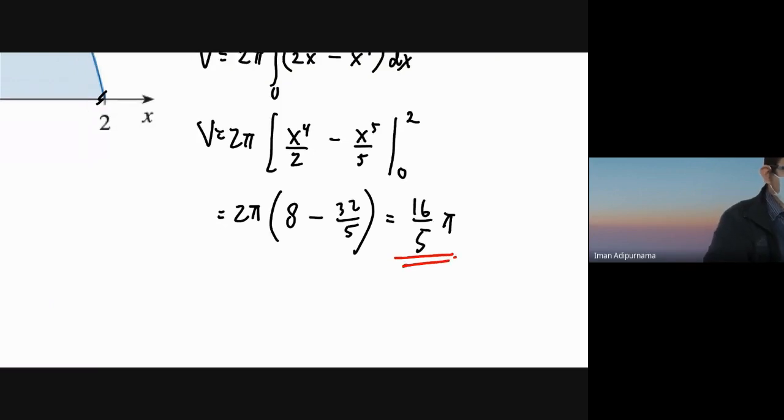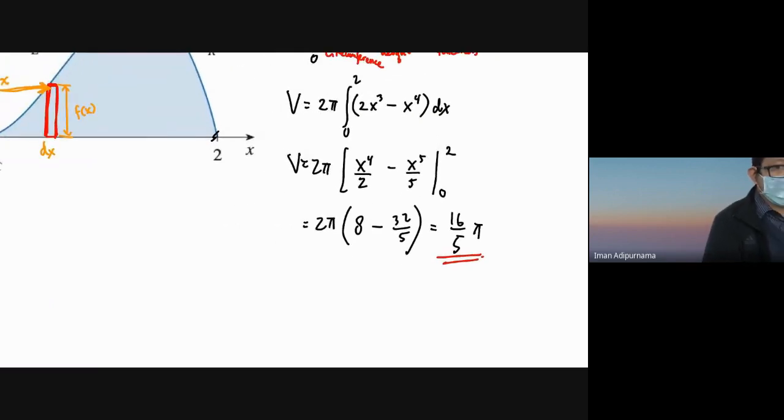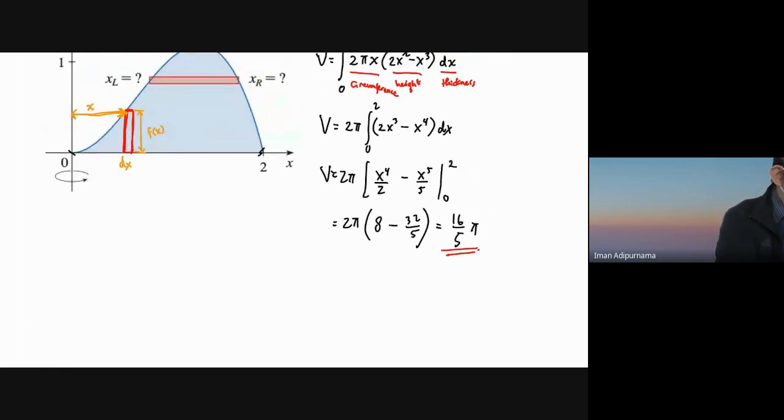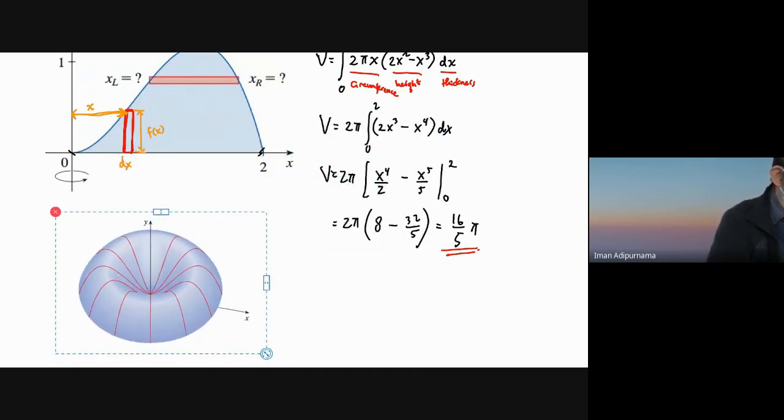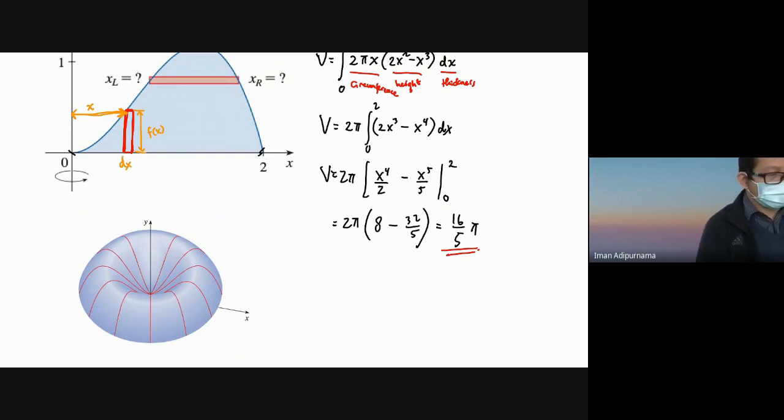So this will be the result. If you want to know how it looks in the 3D shape, this will be the picture. So that is how the volume looks like.